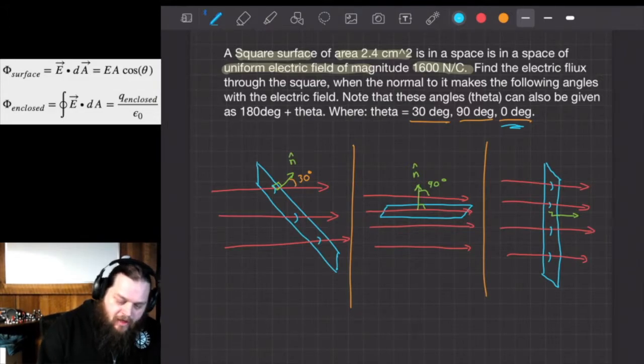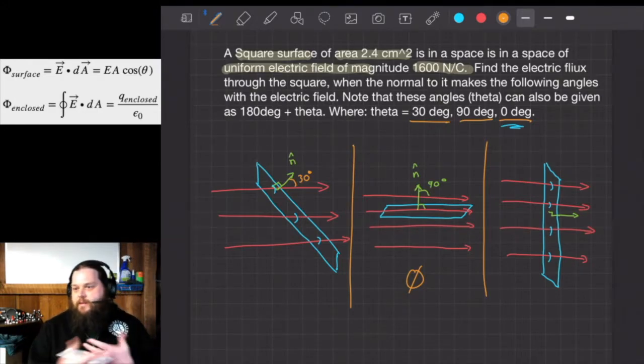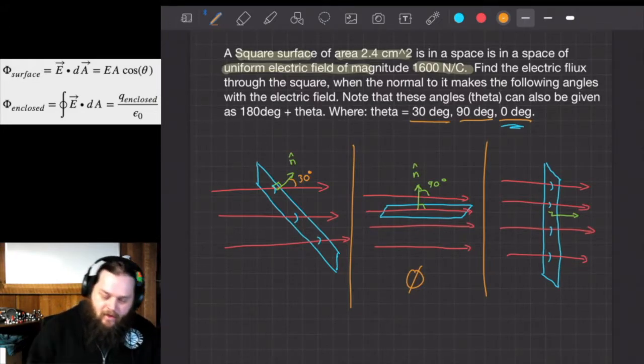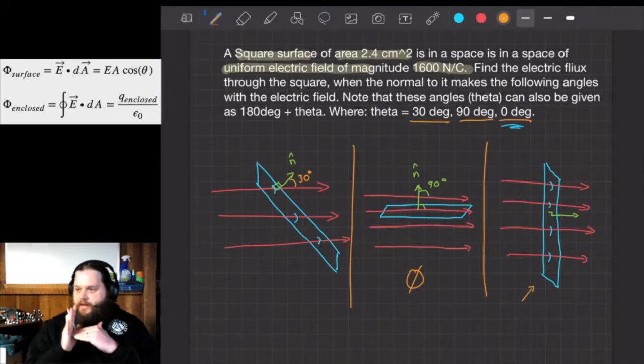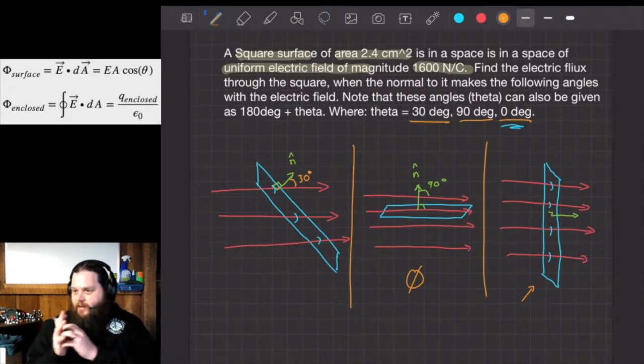So just looking at these, we can tell that there's no flux in the 90 degree case because the electric field doesn't actually penetrate the plane. It just goes above and below because we have an infinitely small plane. In the 0 degree situation, the plane is perpendicular to the direction of the electric field, so it's going to have the most electric field traveling through that surface.